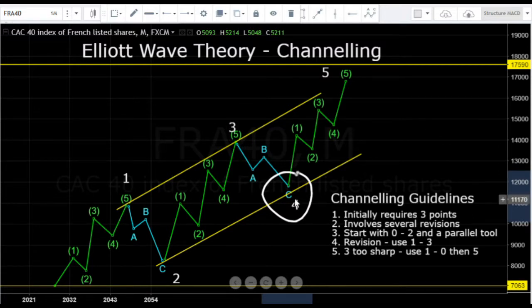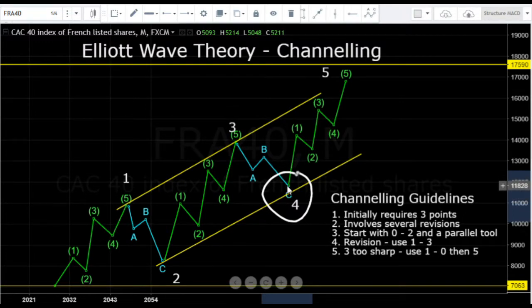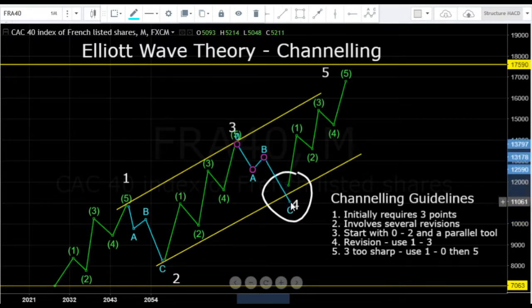As 4 comes down, as it approaches our line that we've drawn parallel to 1 and 3, we start to look for the start of the next trend up. Right? As we've said many times before, it isn't paint by numbers. It can come beyond it. It might not exactly reach it, but it gives us a zone where we start to look for our next wave up.